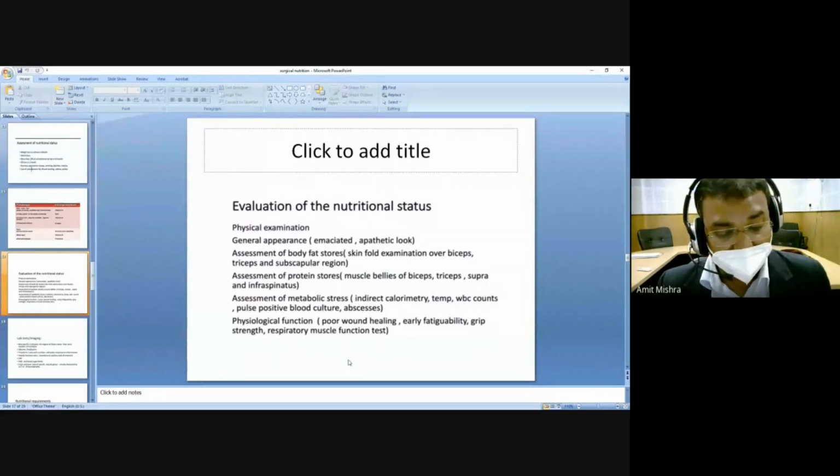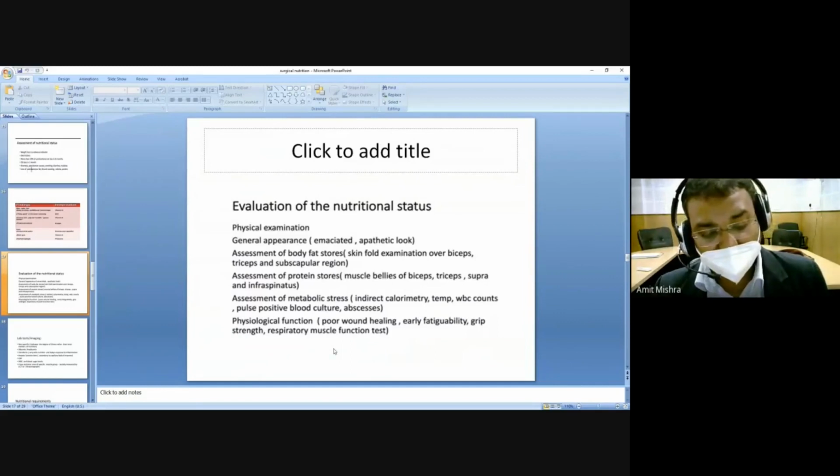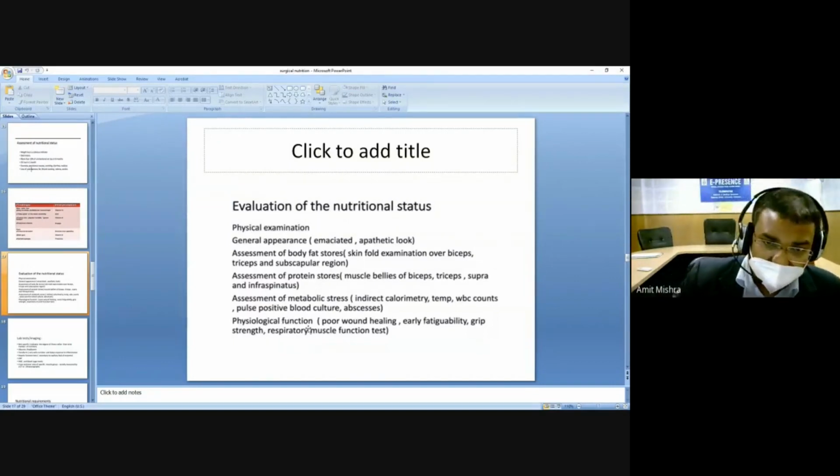So in the pre-operative period, there is pre-operative risk assessment and optimization of organ dysfunction. Counseling is very important, in the form of patient education. Then there is the pre-rehabilitation period, which is the pre-operative period.